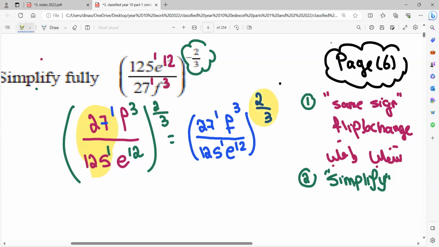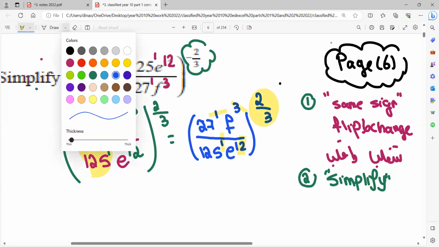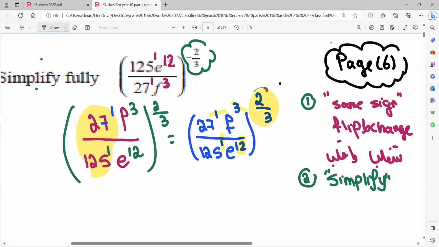Multiply the power outside with every power inside. Multiply the power outside, أهو ده, with every power inside. So this will change into 27 power 2 over 3.